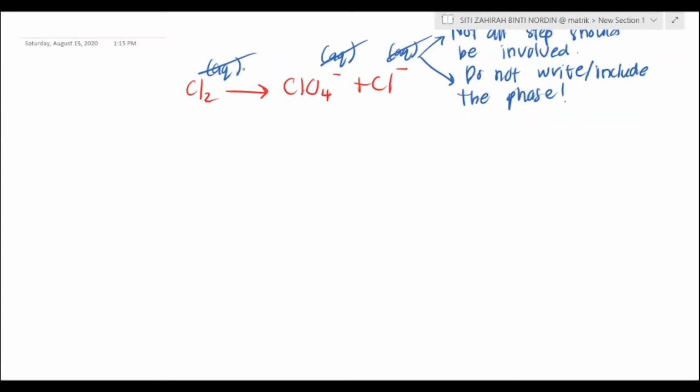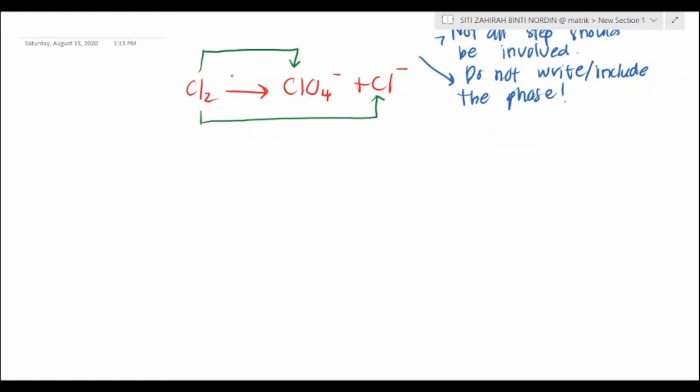Alright, so now let's move on to our first step, which is to determine which one undergoes oxidation and which one will undergo reduction. If you were given one reactant, then you should compare it to both products. So compare Cl2 to ClO4 minus and Cl2 to Cl minus as well.